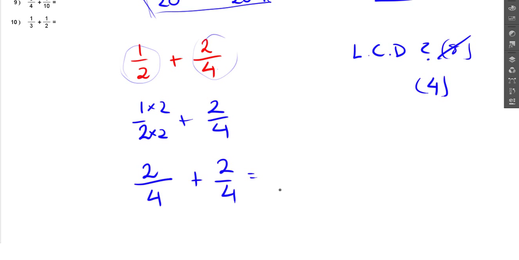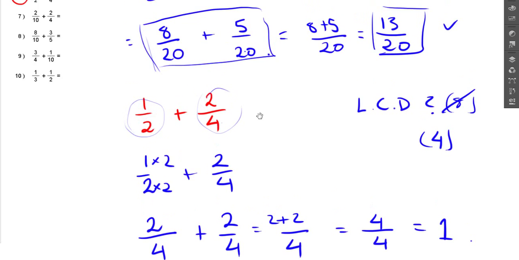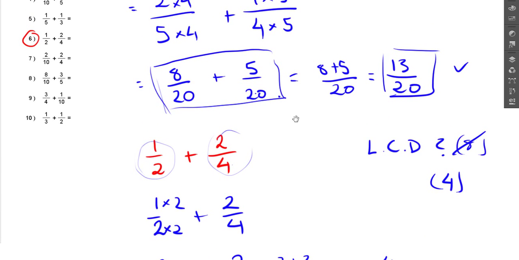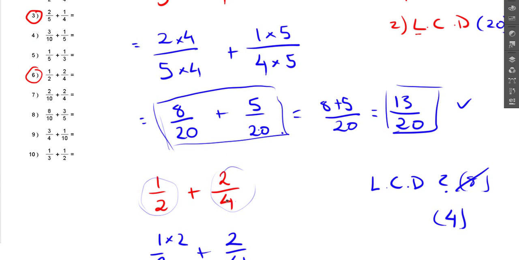Alright, and we keep adding. So we know the denominator is going to stay the same. Okay, denominators are the same now that we've accomplished that. Now we just need to add the numerators, and that's 2 plus 2. And 2 plus 2 is 4. 4 divided by 4 gets us 1. Okay, so this is an example when one of the numbers here is already the lowest common denominator.